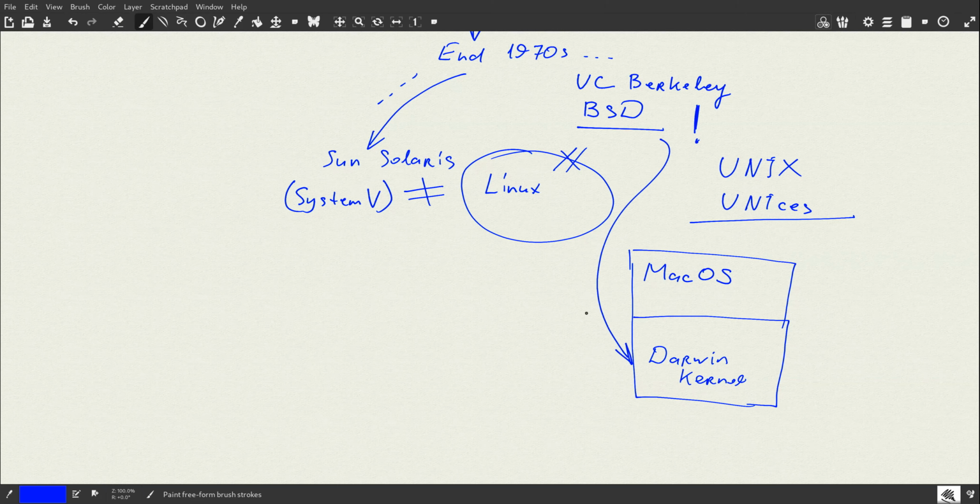For example, components such as file system, network communications sockets, and some other top level components come from FreeBSD.